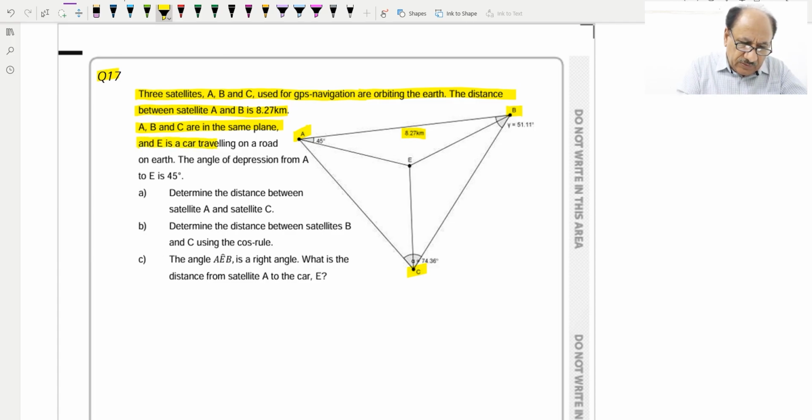And E is a car traveling on a road on Earth. The angle of depression from A to E is 45, so I will just indicate that this one is 45. Hopefully you are understanding everything. This is a little tricky question.